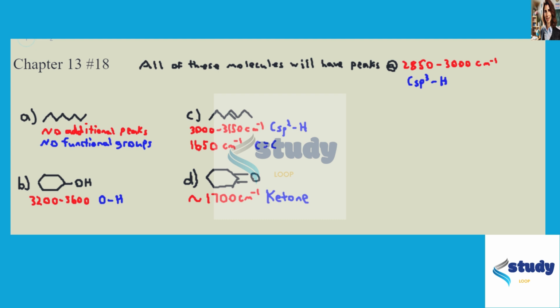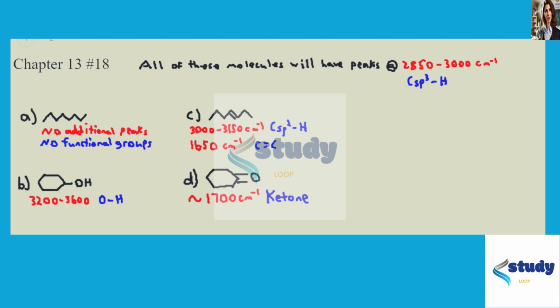Moving on to C, the only functional group in C is an alkene, a double bond. Remember, as long as there are hydrogens on any of the carbons involved in a double bond, you're going to get two signals. You're going to get the signal for the carbon-carbon double bond, which is going to show at 1650 wave number.